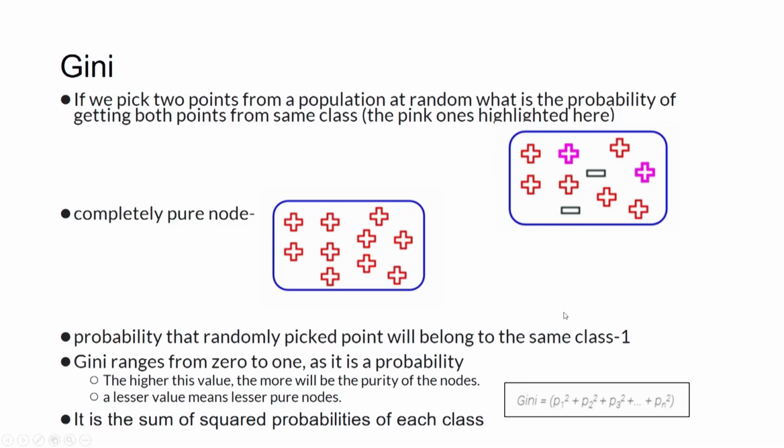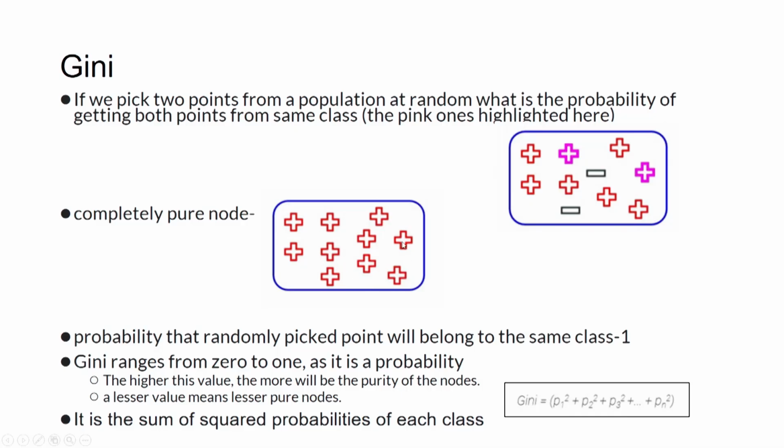The Gini of this node will use the probability of getting the green class, the purple class, and the red class. We calculate the square of all these 3 probabilities and take the sum, which is the Gini of this node. Here, the probability of getting the red class is 1, the probability of getting the green class is 0, and the probability of getting the purple class is also 0.